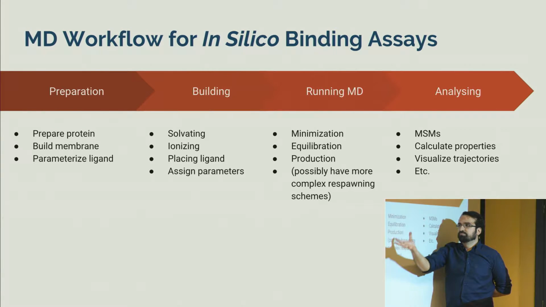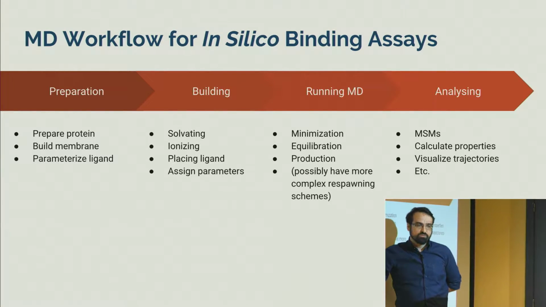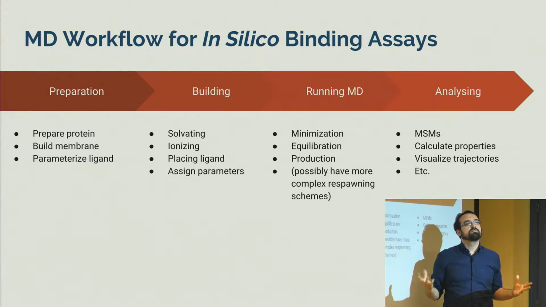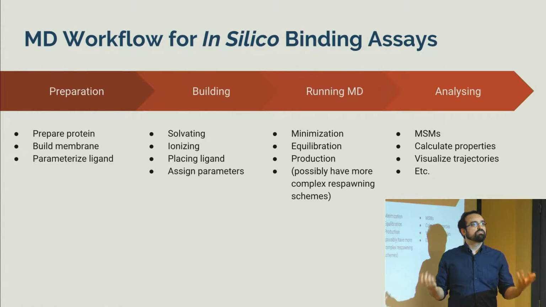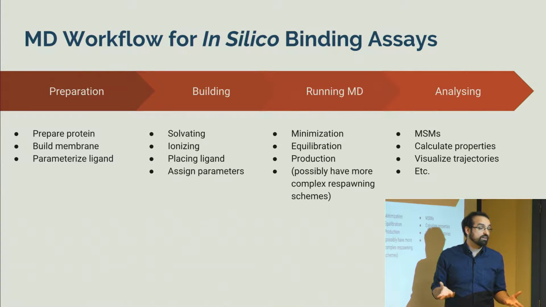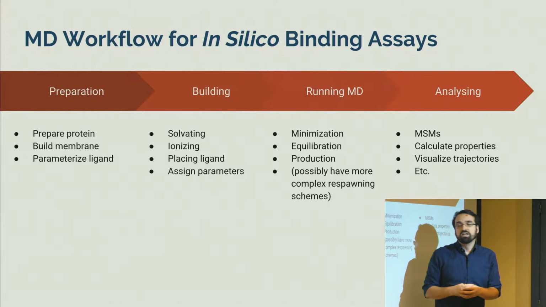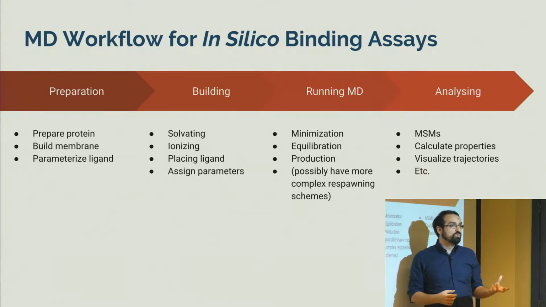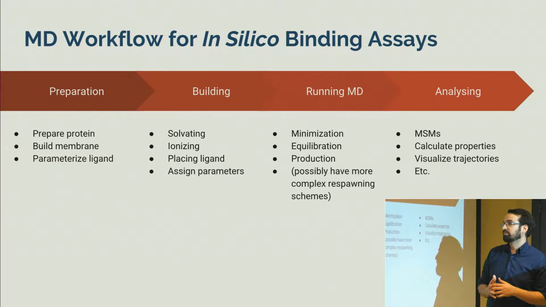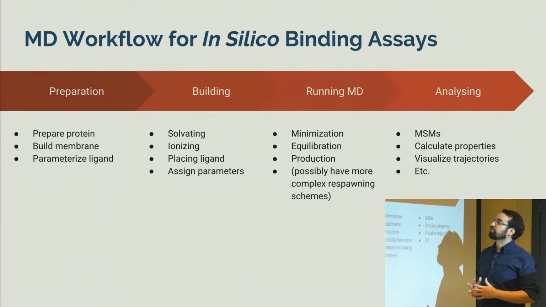This is a small detail, but the parameters I talked about before may not be available, because they are only made available for the most common compounds. For example, for proteins, the parameters are available because everyone simulates proteins. But if you want to simulate a particular compound that you have just discovered, a new lead, a new hit, you will probably need to parameterize it.